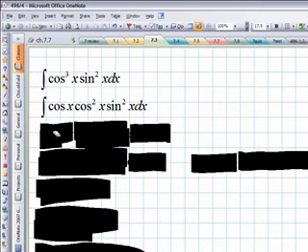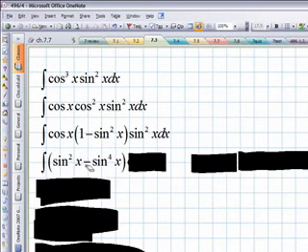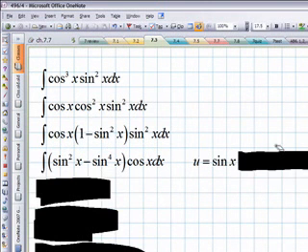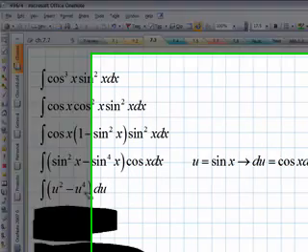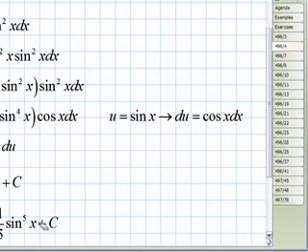And now we can use a Pythagorean identity to change the cosine squared to a 1 minus sine squared. Distribute these guys and put the cosine at the end. Now what you see is if we make our u equal to sine x, our du is cosine x dx, so there's your du. Here's our integral, simple power rule, and then we plug back in sine x.